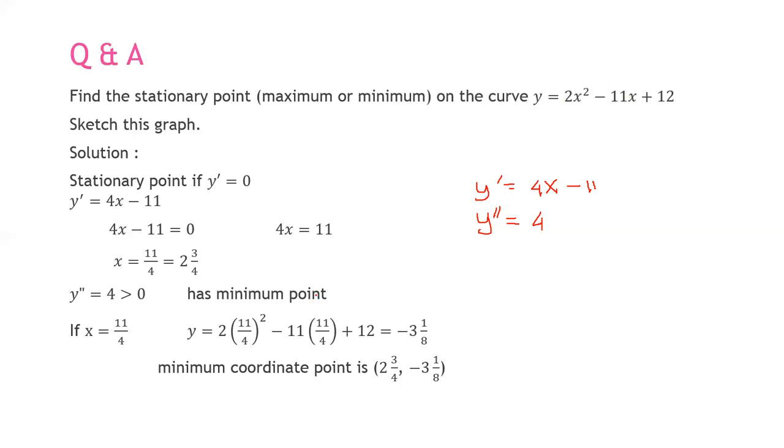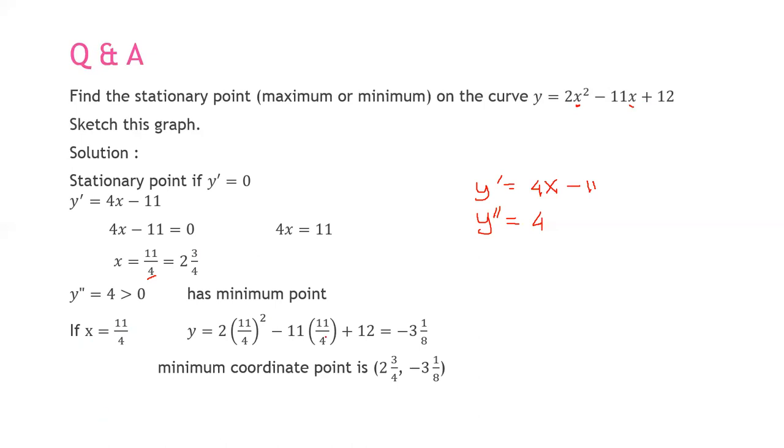Now we are going to find the minimum coordinate point. After you got x equals 11 over 4, substitute this x into the equation y equals 2x squared minus 11x plus 12. That means this x becomes 11 over 4, and this x as well becomes 11 over 4.